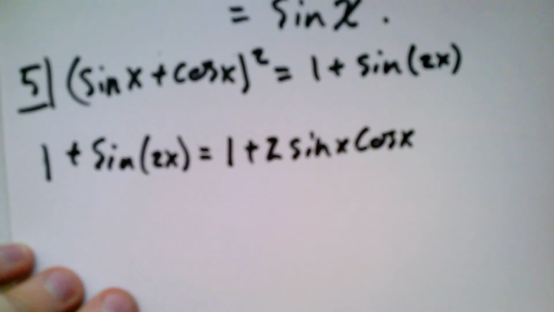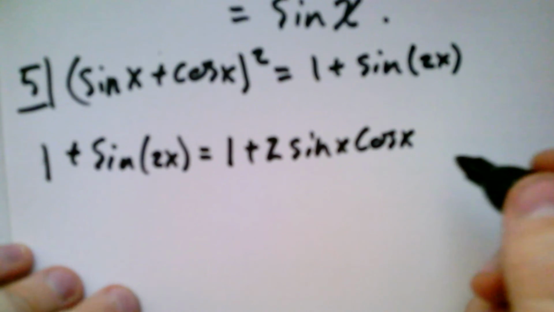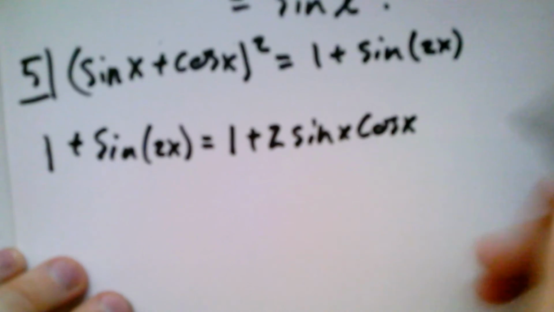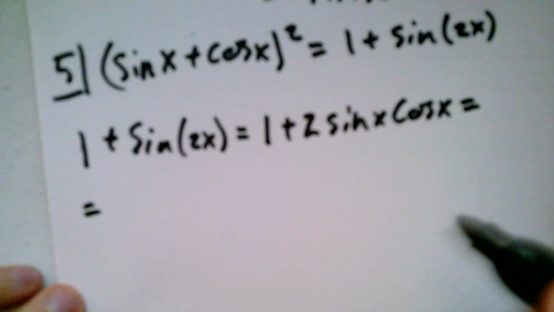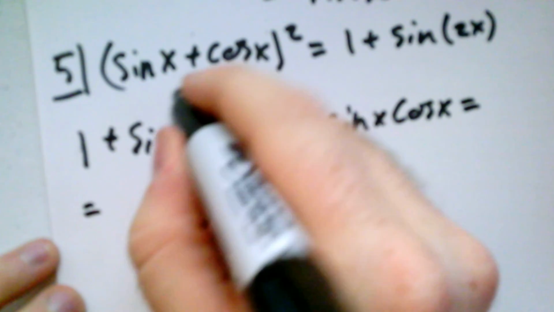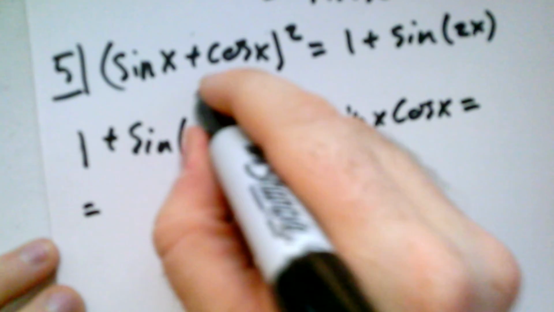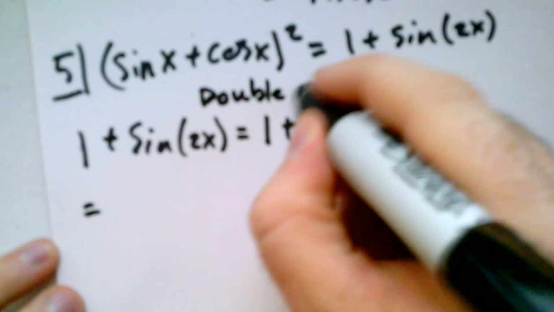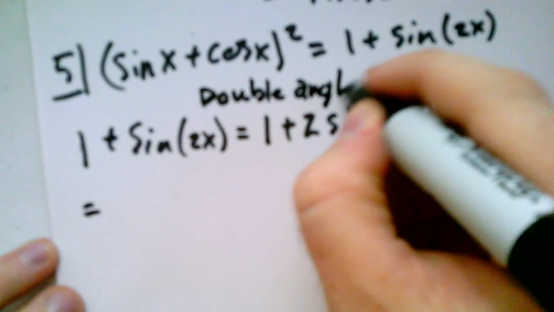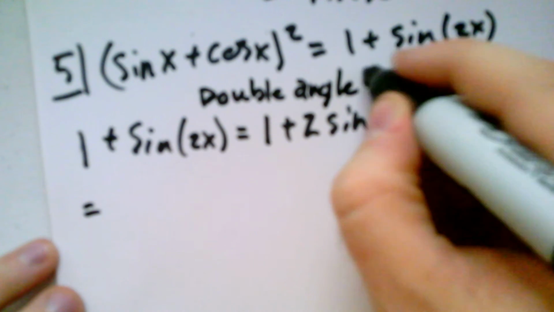So that seems like we're on a good start, because the next thing that we're going to do is, I'm going to write this up here, that this is the double angle identity for sine.